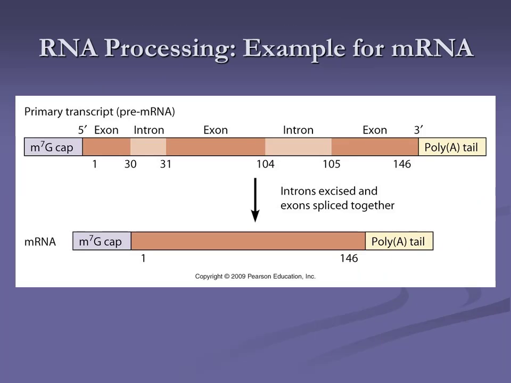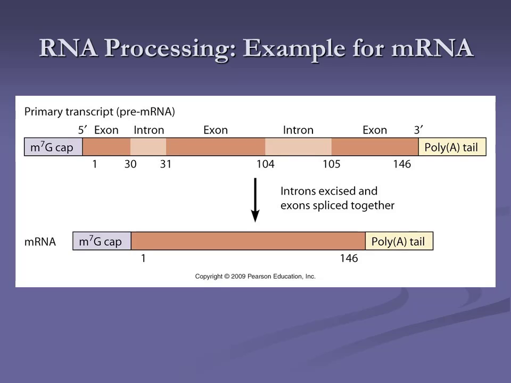Here's another example. We have what is referred to as the primary transcript. That's your messenger RNA hot out of the ribosome. But we can't do anything with it yet, so sometimes it's referred to as pre-mRNA. You've got your 5' methyl cap, you've got your poly A tail, but we've got the introns in the middle.